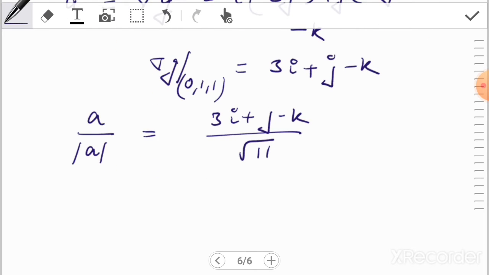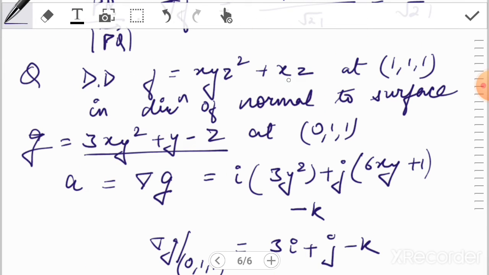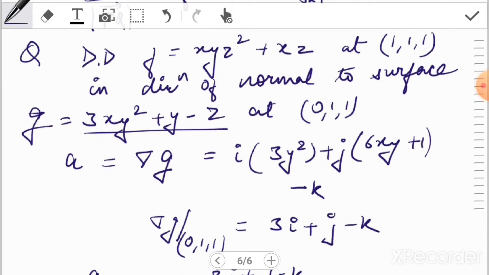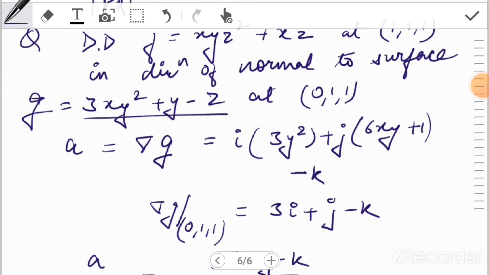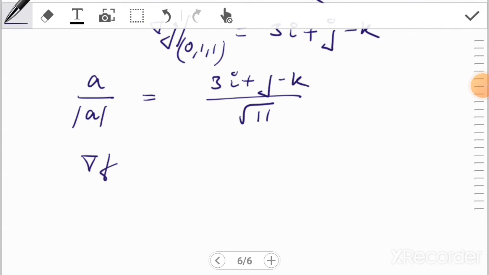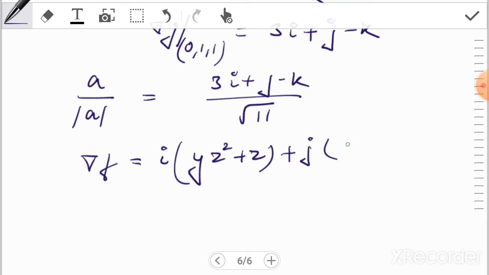Now let's find del f of xyz square plus xz. So partial derivative with respect to x, we have yz square plus z, and with respect to y we have xz square, plus with respect to z 2xyz plus x.